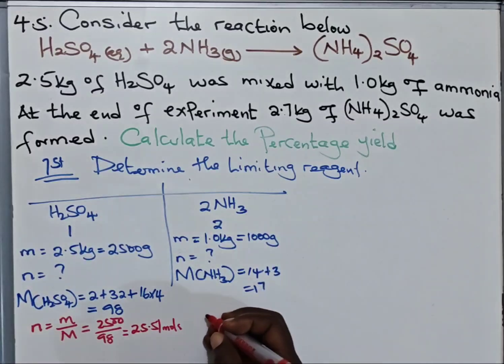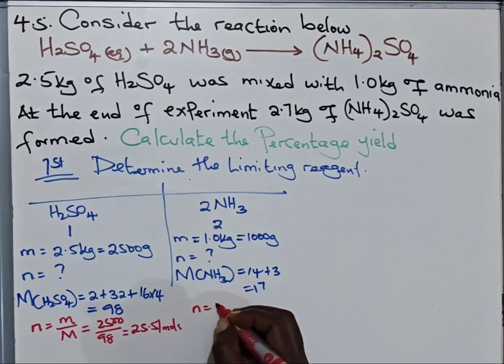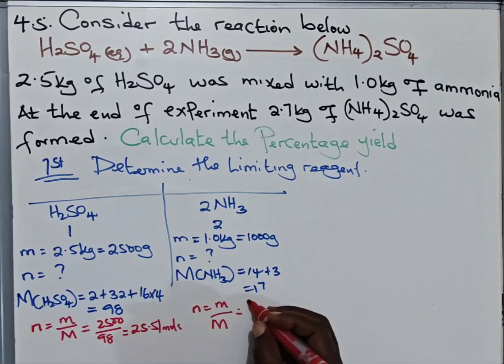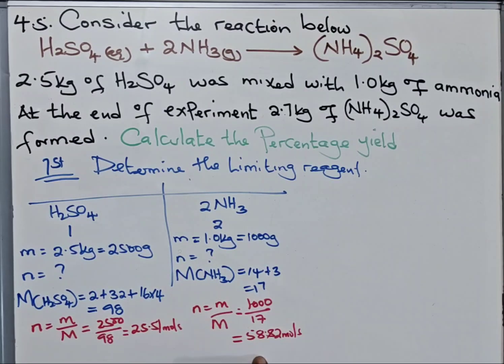This side is the same equation we are going to apply. N is equal to mass over molar mass. Substitution is going to have 1,000 divided by 17, giving us 58.82 moles. Okay, after determining that one, then we compare.